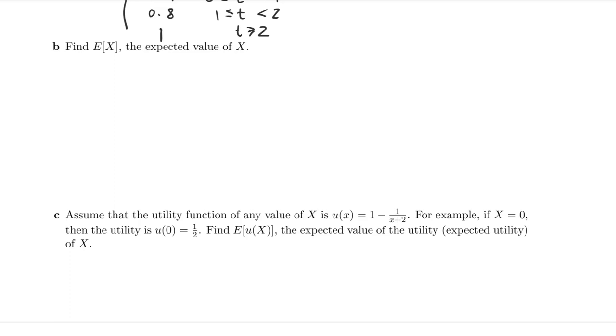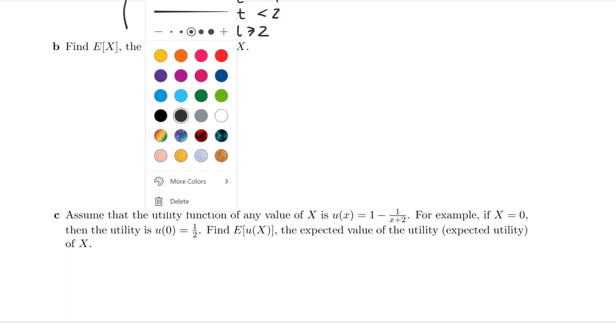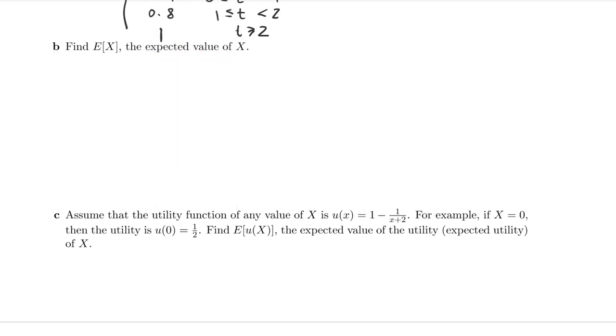We know that x takes the values -1, 0, 1, and 2, and these are the probabilities: 0.2, 0.2, 0.4, and 0.2.